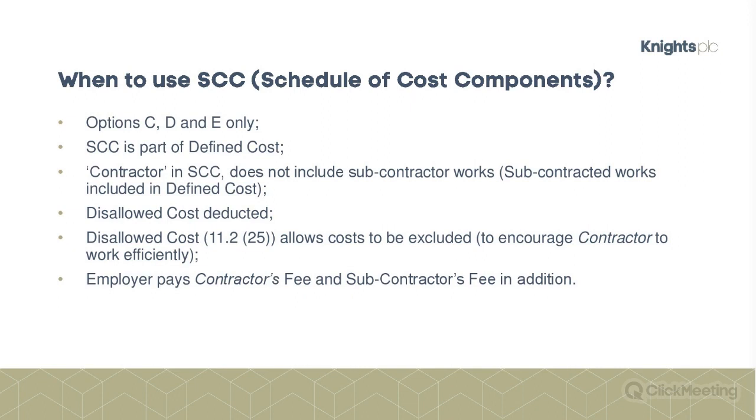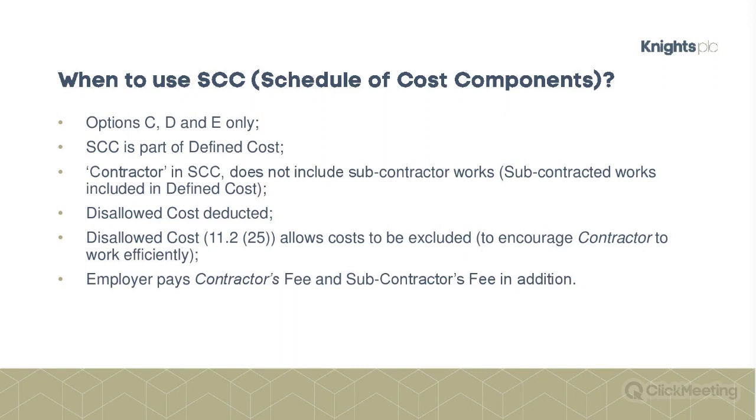Well, when you are working under options C, D and E. C and D are the pay and gain contracts, the risk sharing. Option E is the reimbursable. So basically, as you go along with all of those contracts, you are claiming on your interim basis, so typically monthly, your actual costs. And that's what the schedule of cost components does.